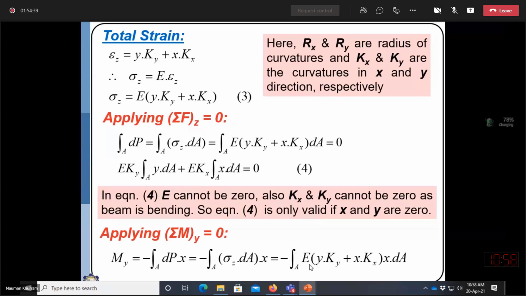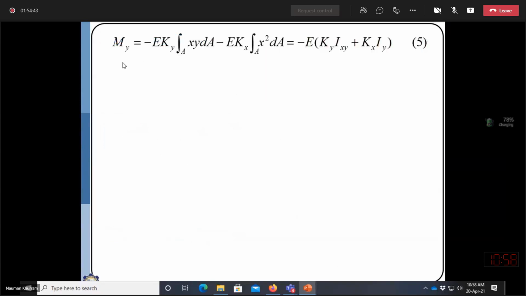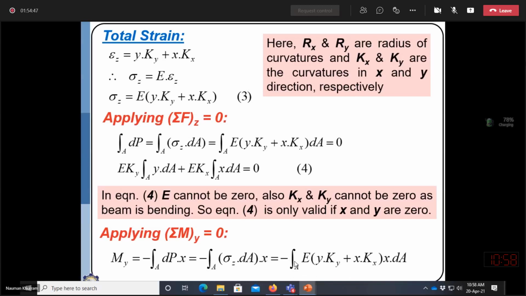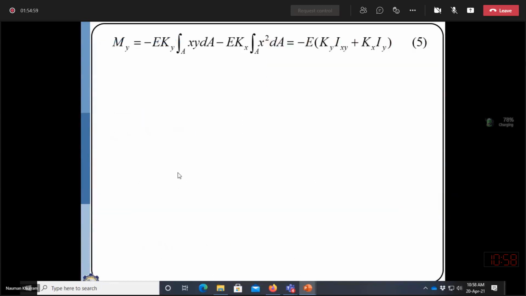If we open up the bracket further, then My will be equal to minus E y into ky into x into dA. So E ky can be taken as a constant outside, y and x are variable.